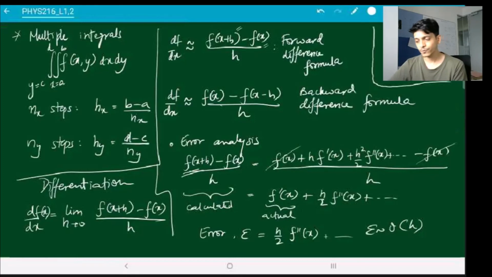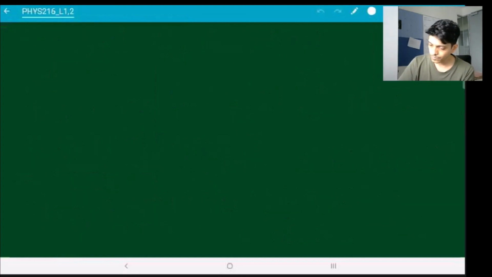Initially, as you decrease h, your error will become smaller. If you decrease it even further, so it becomes comparable to the machine precision, something like 10 to the minus 16 or so, then you're in trouble because you will get meaningless answers. One way to avoid that is to use not the forward or the backward difference formula, but what is called the central difference formula.